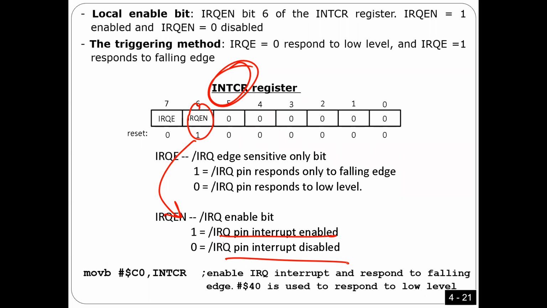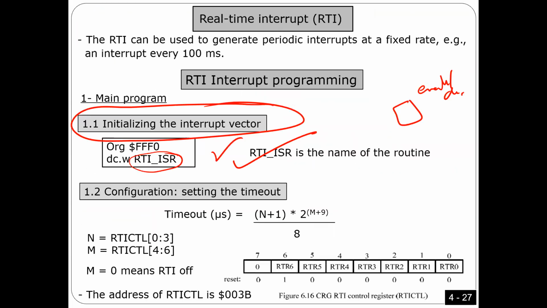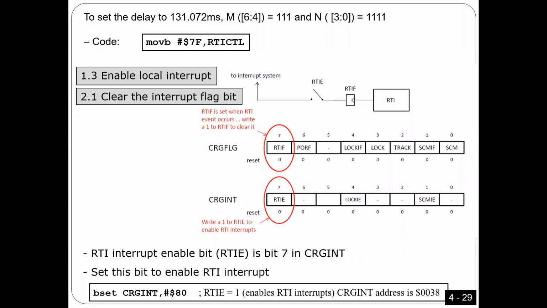Same thing right now. So for RTI, which is the enable bit? It's this one here, in the register CRGINT. This is bit number 7. I don't care about the other bits, just this one. This is for enable or disable.